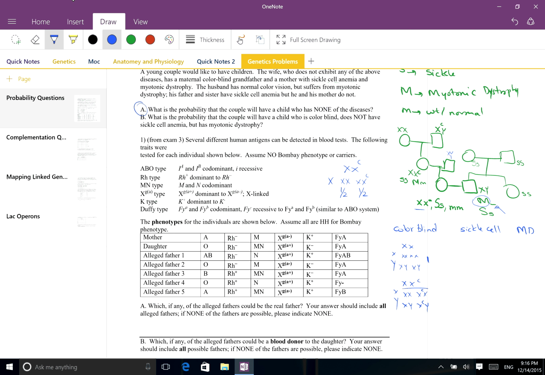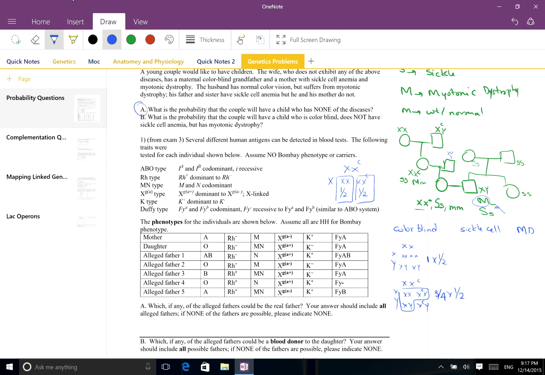Probability that none of the children will have it, one of them would be a carrier but not exhibit it, is 3/4. Okay, and we said the probability that she's either XX or XC is 1/2. So here it's times 1/2, and here it's times 1/2.